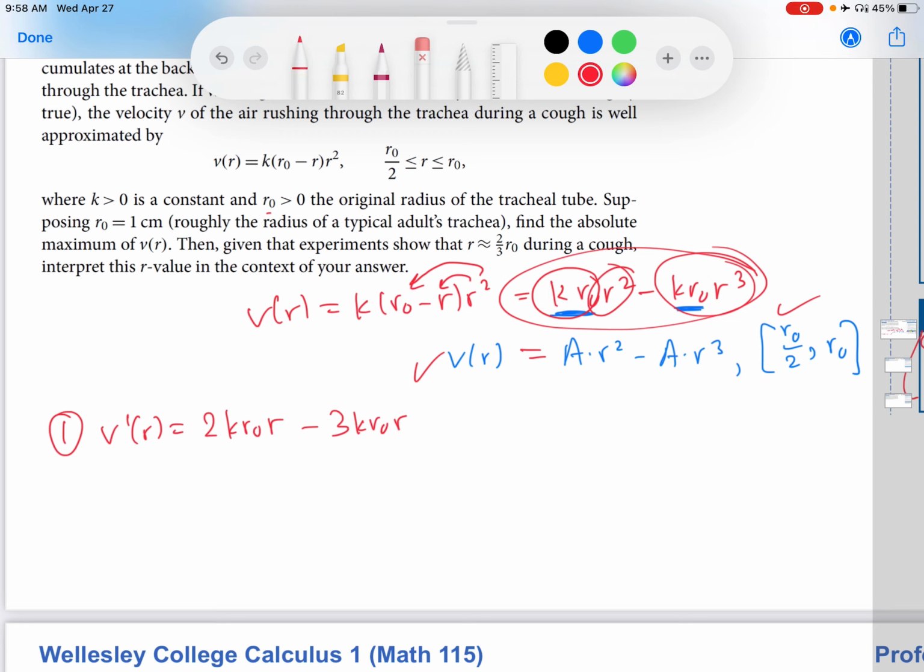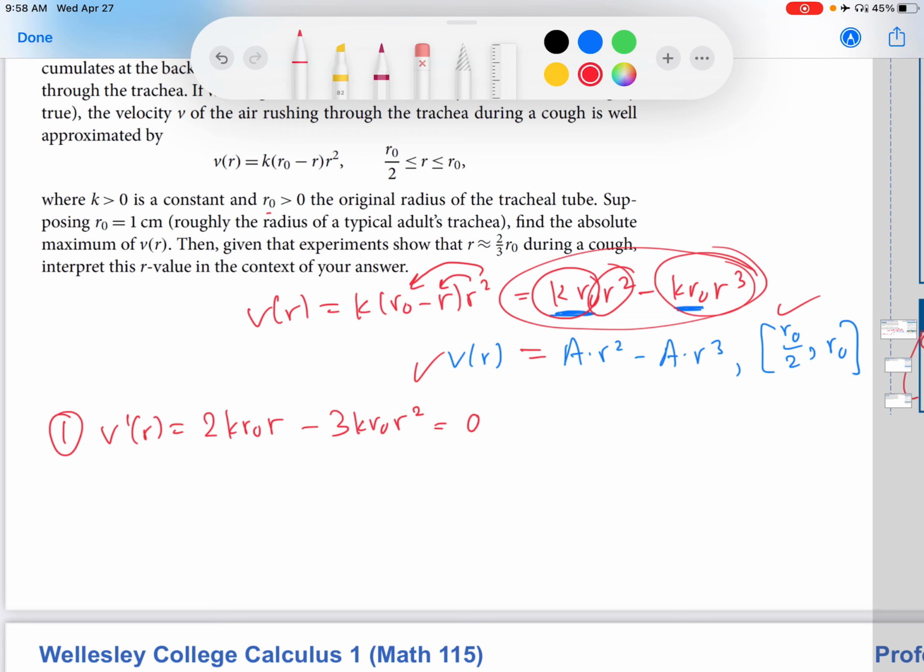Now what's next? Well, I want to find the critical numbers. Remember, that is where the derivative is equal to 0 or does not exist. There are no x values, or in this case r values, where the derivative does not exist because it's a polynomial. But there may be values where it's equal to 0. So let's try that. One of the nice things about doing this on the iPad is I can just erase, and there we go.